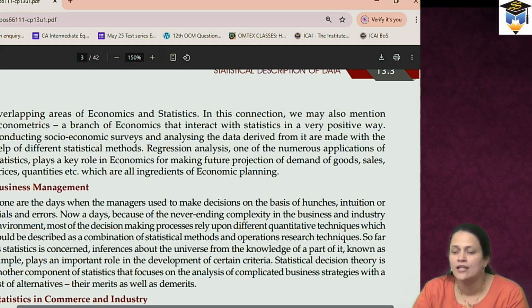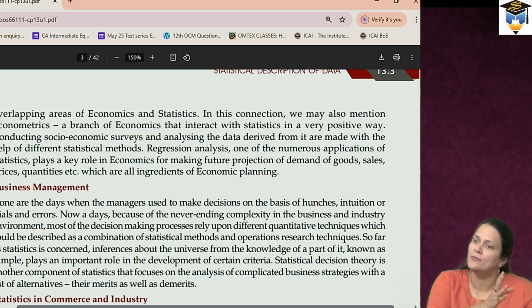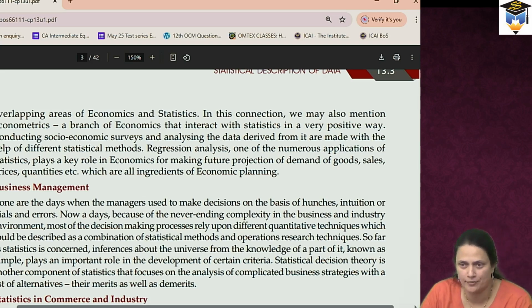But nowadays, based upon statistics, they can analyze a few things. Either it can be qualitative analysis or quantitative analysis, and then instead of trial and error, based on previous data, they will decide what the different strategies can be.